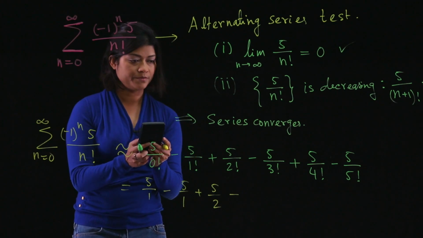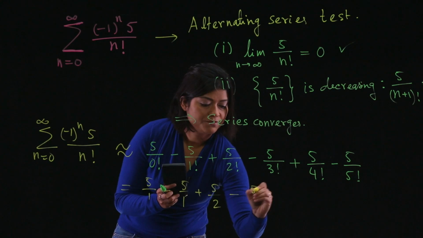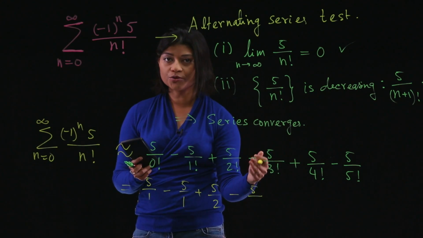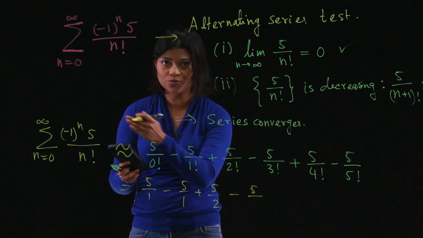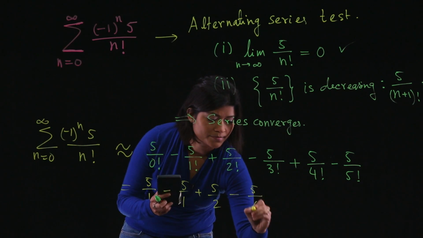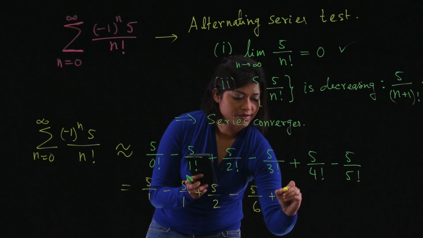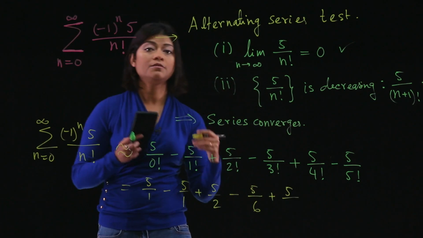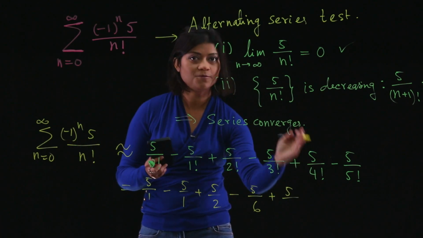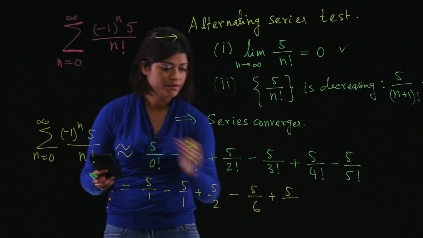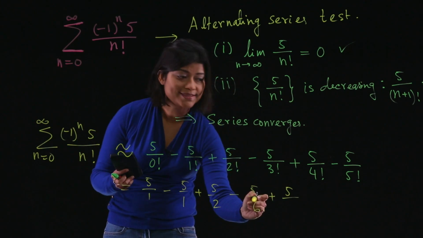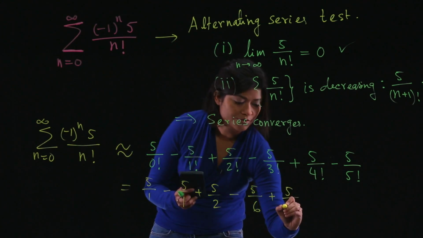Okay, so 5/2 minus 5 divided by, well, what is 3 factorial? It's 3 times 2 times 1. So it's 6. Next, plus 5 divided by 4 factorial. 4 factorial is 4 times 3 times 2 times 1. We already know 3 times 2 times 1 is 6. Times 4, you get 24.